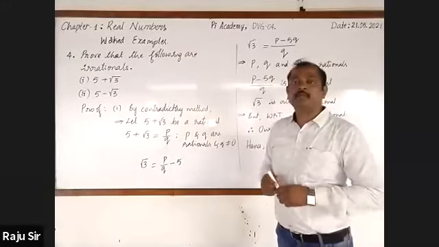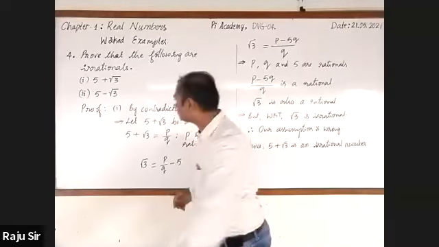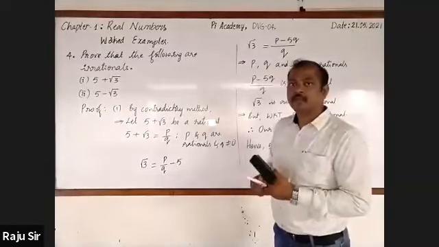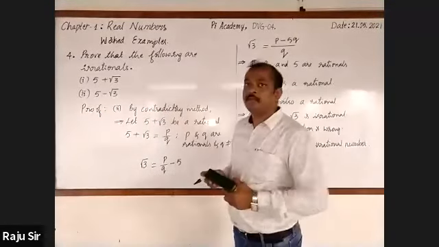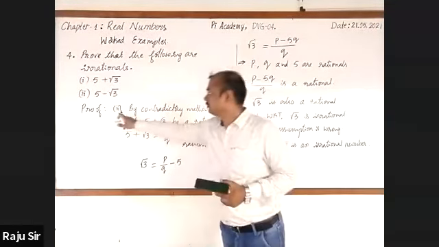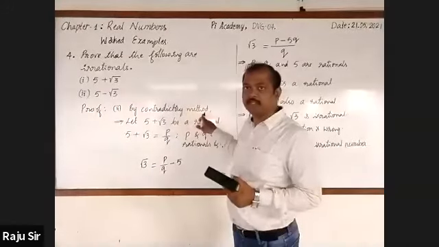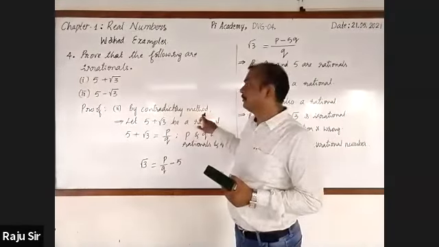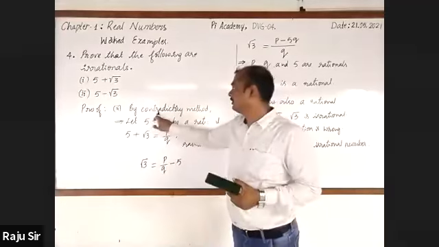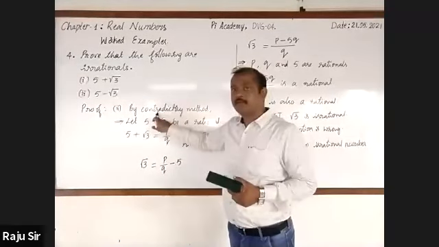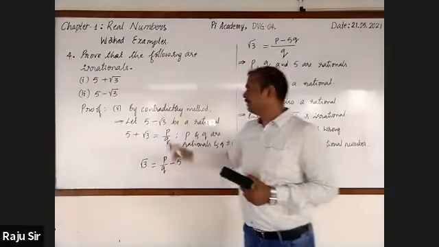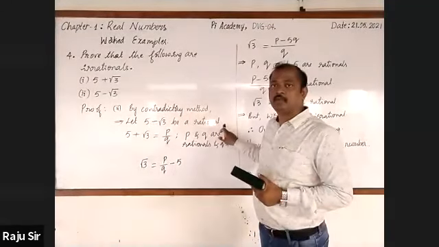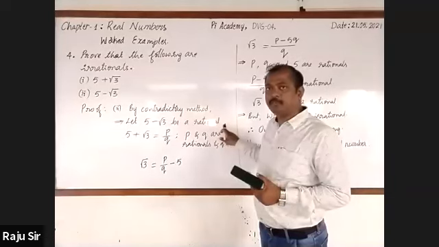It is 5 minus root 3. Yes, start writing. Prove, second one, prove by contradictory method. Let 5 minus root 3 be a rational.